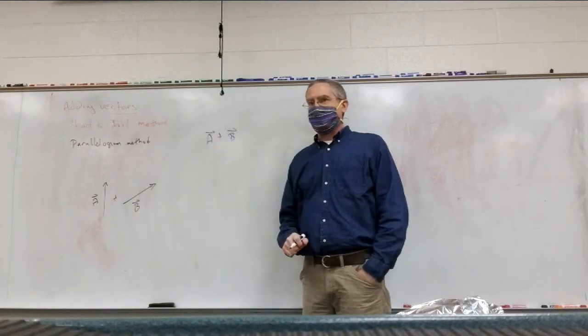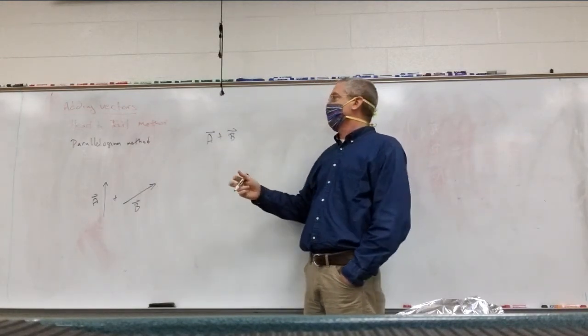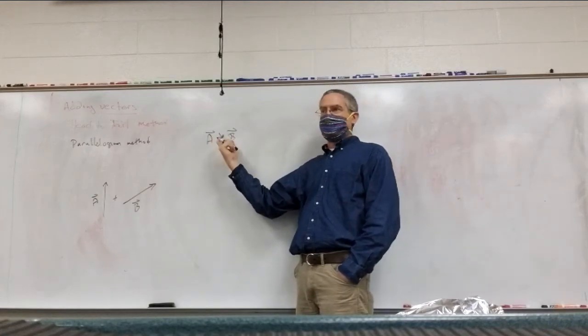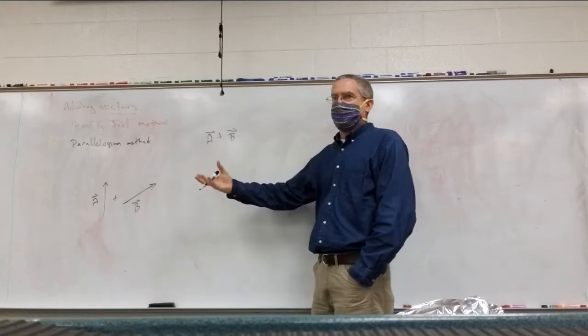Using the graphing method, I take one of the vectors, and it does not matter which one. The commutative property holds. It doesn't matter the order in which I add them. I generally start with the first one, but I don't have to.